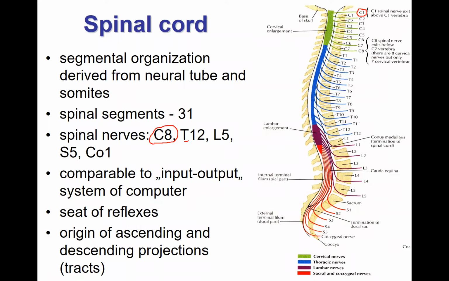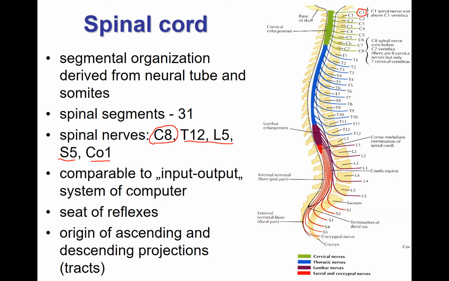We have 12 thoracic, 5 lumbar, 5 sacral, similar to number of vertebrae, and only 1 coccygeal, as it is the very end, and coccygeal nerve innervates only skin overlying the coccyx. Okay?